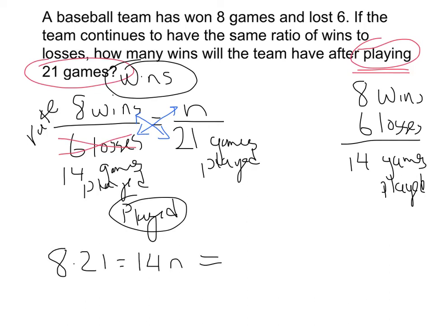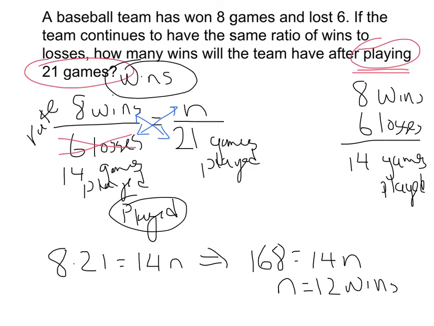This gives us 8 times 21 is 168. So 168 equals 14n. We'll divide both sides by 14 and we'll get magically 12. So n equals 12 wins if the rate holds true of playing 21 games.